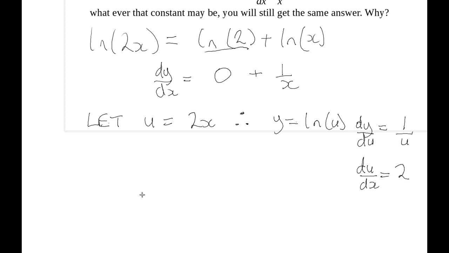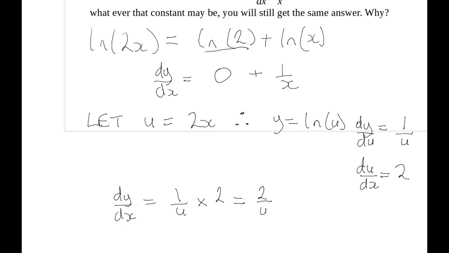If I then bring these together as per the formula for the chain rule, I get 1 over u times 2.